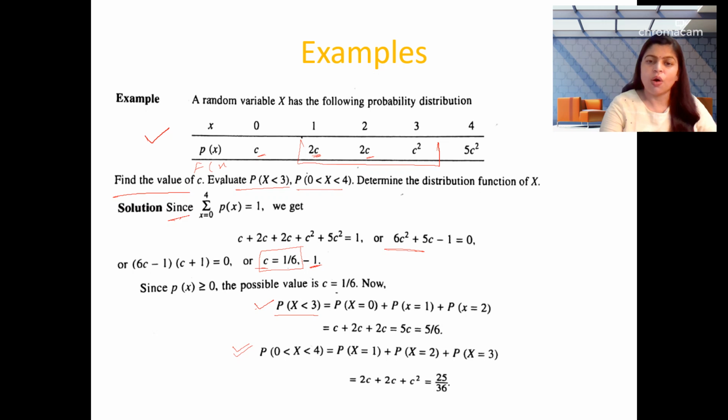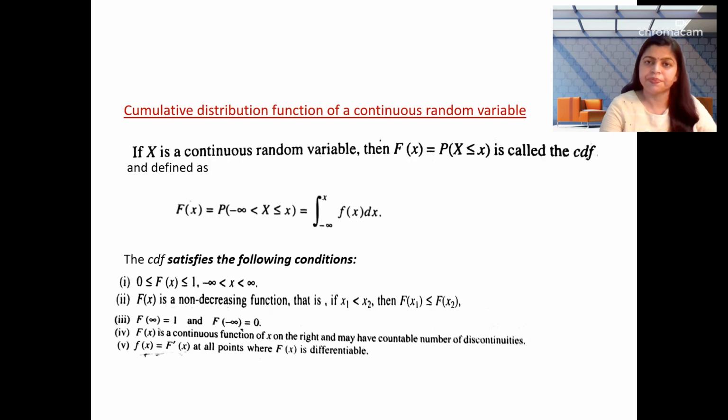Now let's move on further, and we will understand what is the formula for CDF in the continuous random variable. So when x is a continuous random variable, then of course this is a general definition, and CDF is defined like this. Here we start taking probabilities from negative infinity up to that certain point x.